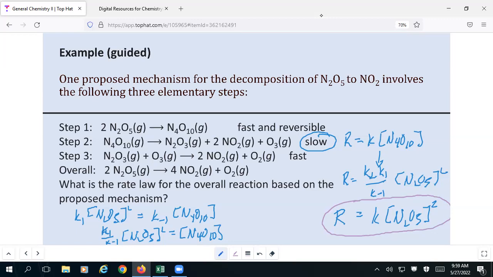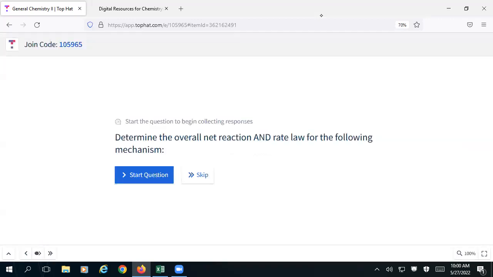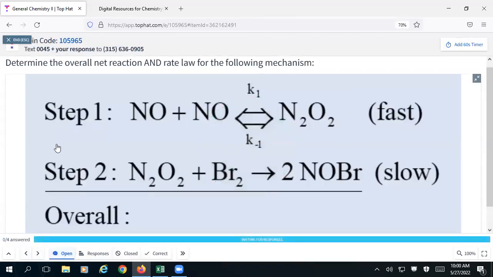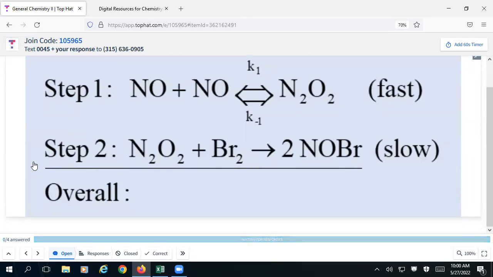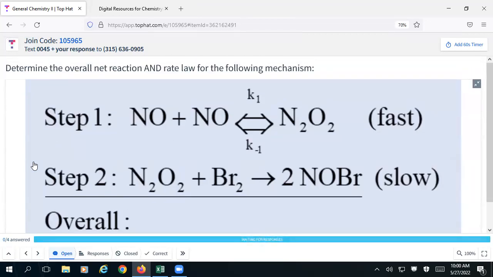Questions with this example? All right, so I'm looking for two things here.